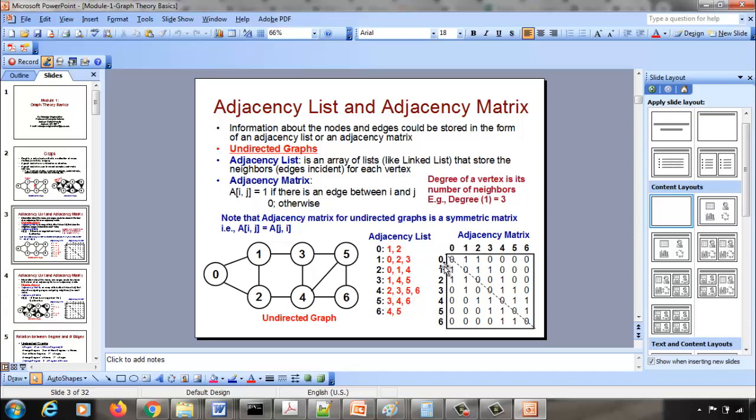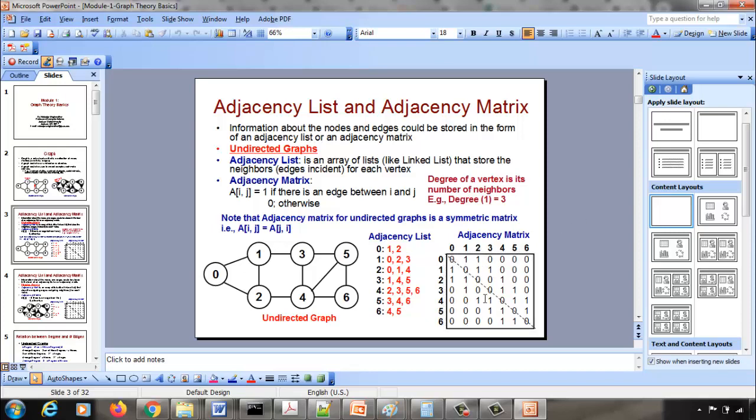Now, you can see the adjacency matrix is a symmetric matrix, in the sense that for row 0, for node 0, the row captures whether node 0 has an edge with 1, 2, 3, 4, 5, 6. The column also captures this information, whether node 0 has an edge with 1, 2, 3, 4, 5, 6. So the row entries for node 0 are going to be the same as the column entries for node 0. Similarly, the row entries for node 1 are the same as the column entries for node 1.